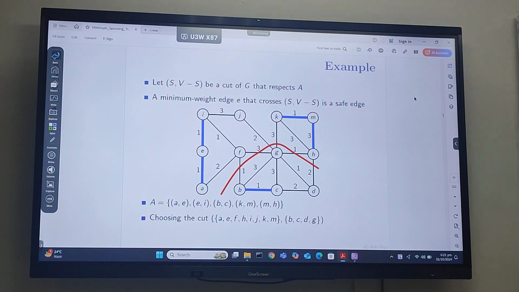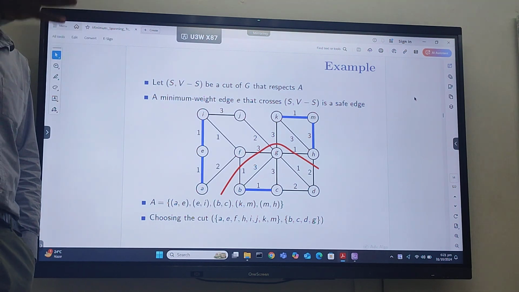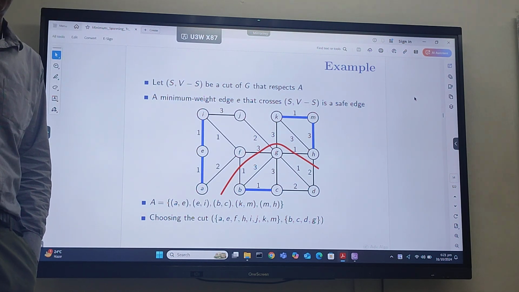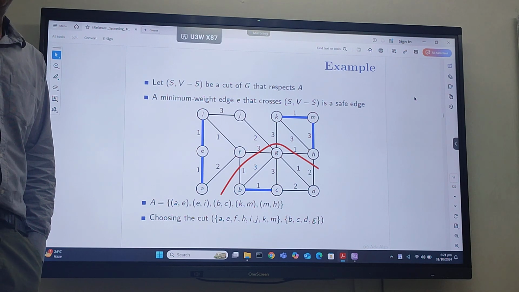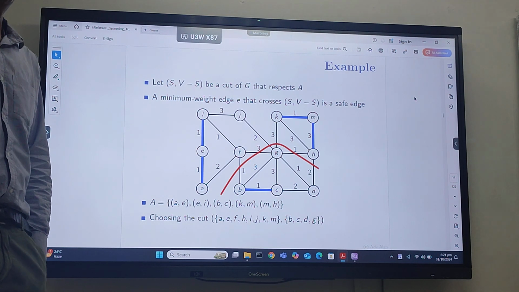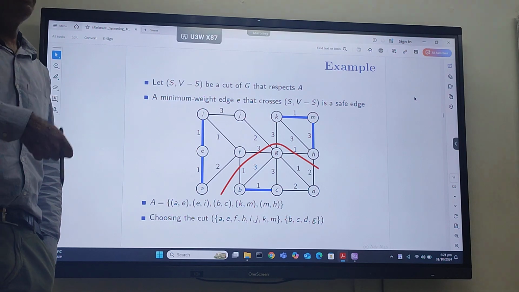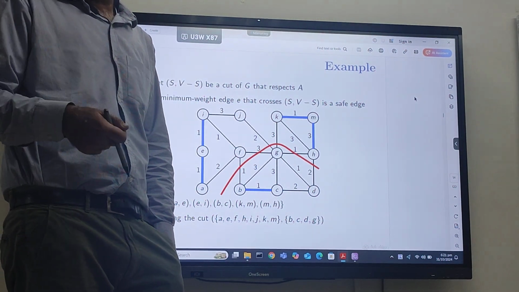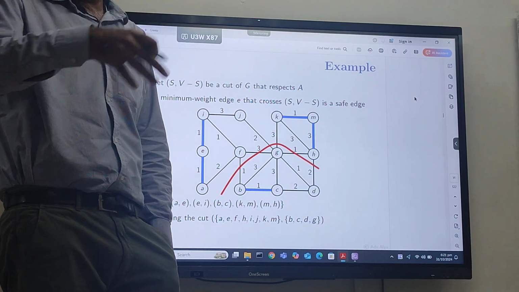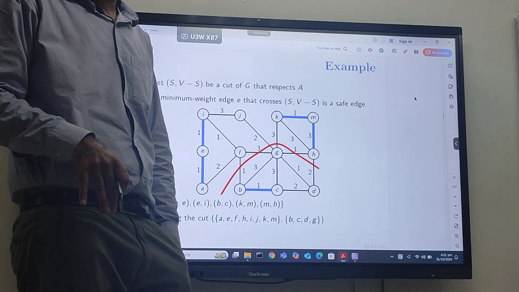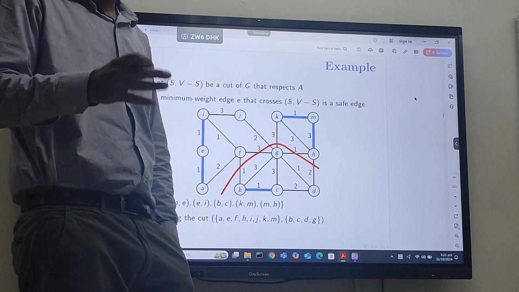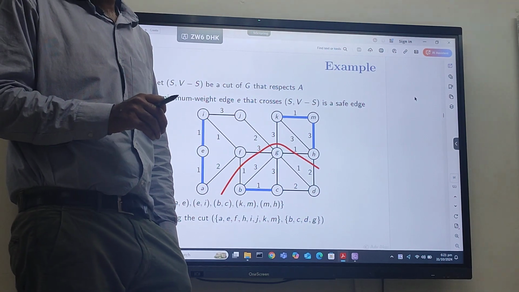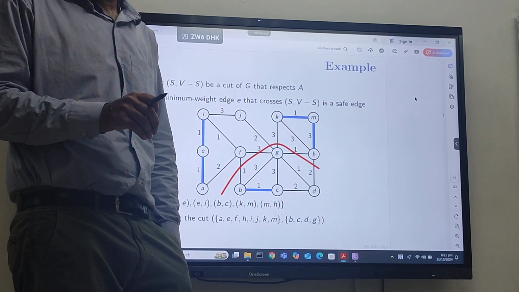There are many possible partitions that respect A. In the beginning there will be a lot of possibilities. Gradually, as we increase the number of edges in A, the possibilities of choosing between different partitions that respect A become smaller and smaller. I think this makes sense, right?